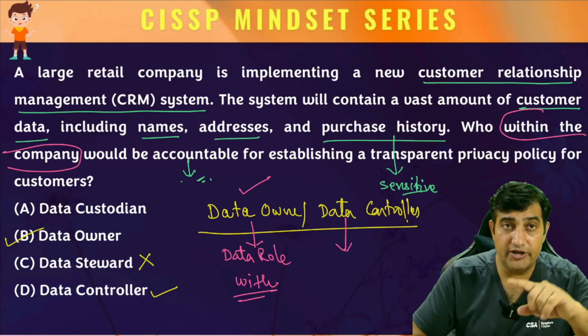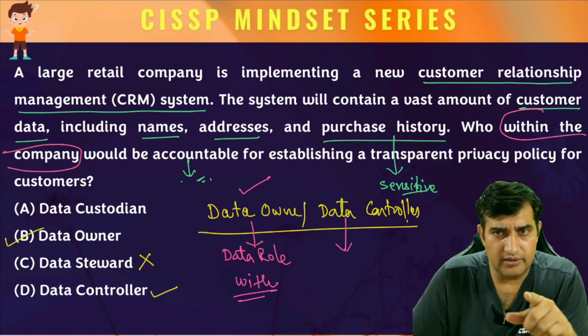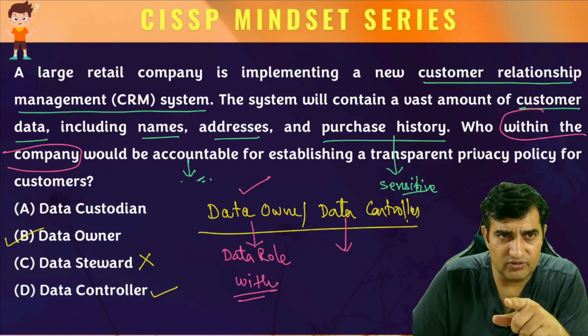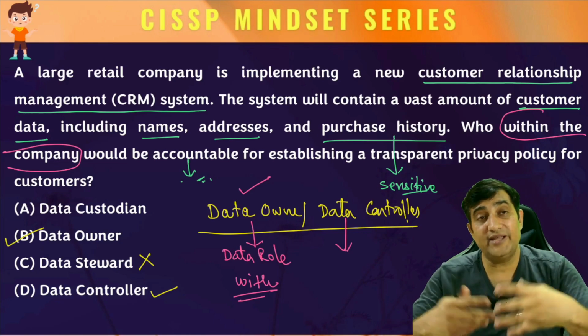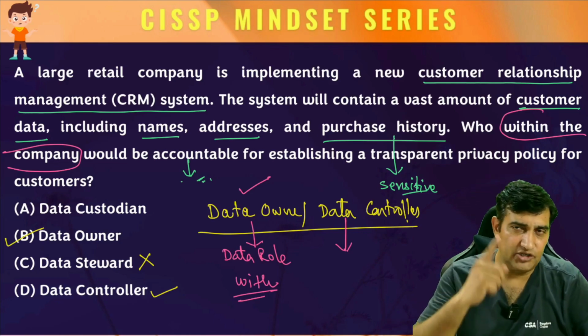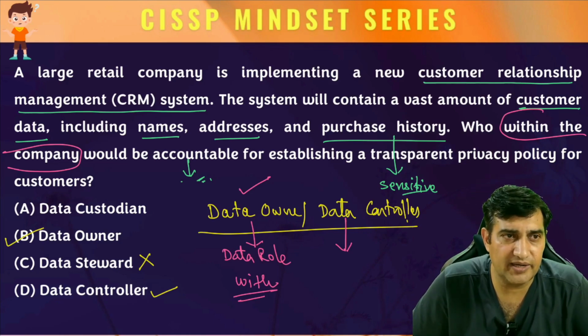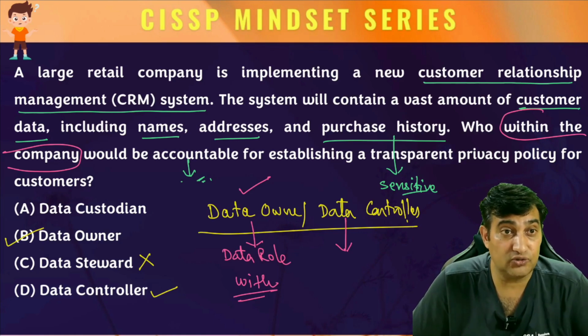In your company, do you say that particular person is a data processor? We never say that, right? So it is more about the entity perspective. You need to be clear on that concept, because there might be confusing questions on it.